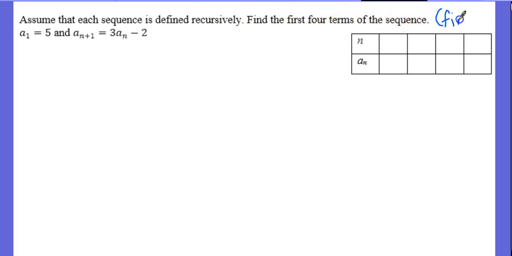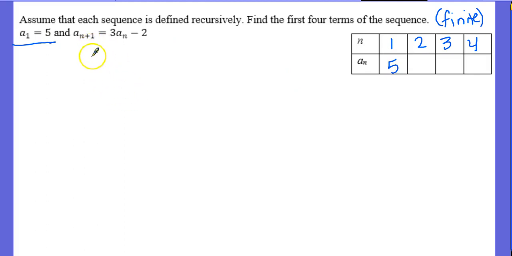So I'm looking for a finite sequence. Here's my A sub 1. I'm going to fill out my table: position 1, position 2, position 3, and position 4, the first 4 terms in my sequence. And my A sub 1 is 5. We were told that. That's our A sub 1.